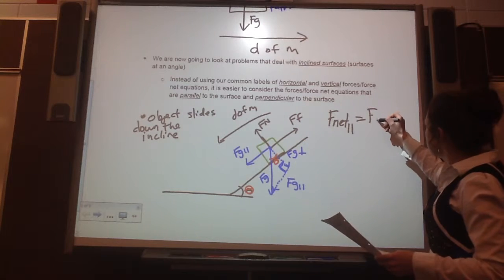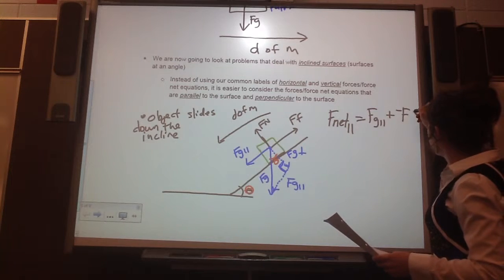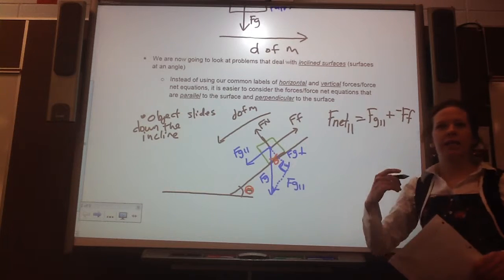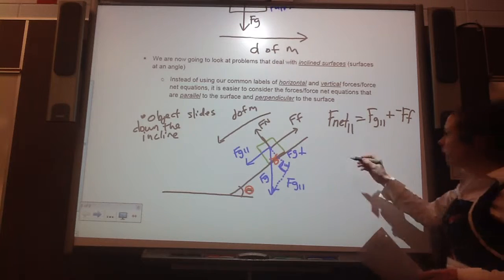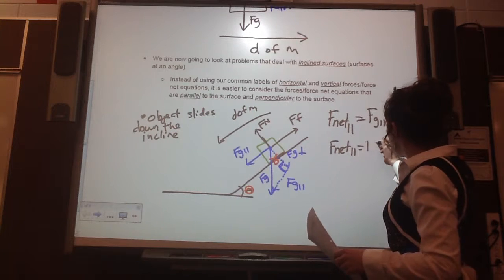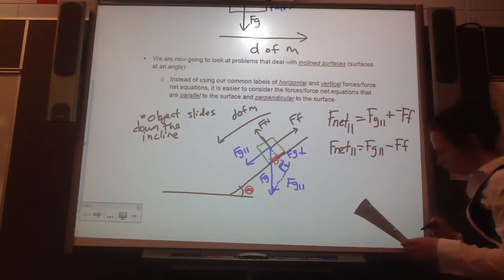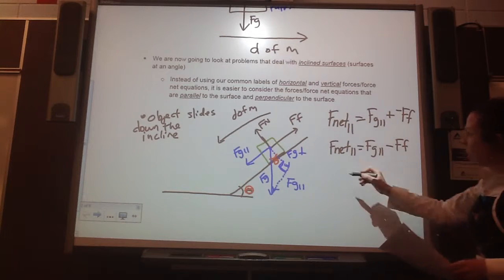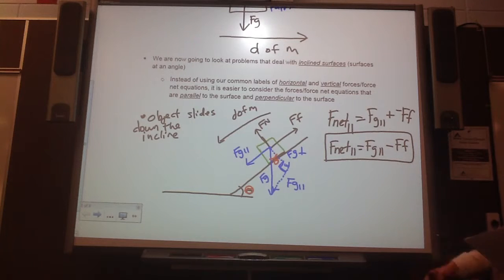So I have FG parallel plus negative FF. And it is negative because it's opposing the direction of motion. So then we can rewrite this as F-net parallel is equal to FG parallel minus FF. So that's a good formula that we use for objects that are sliding down.